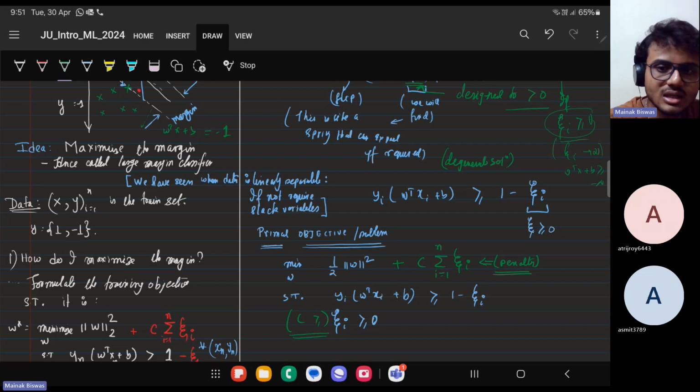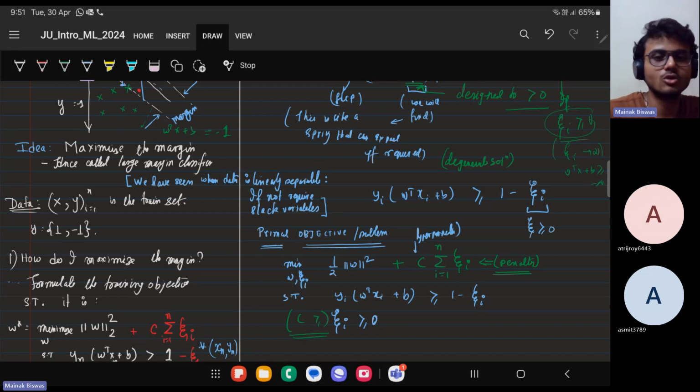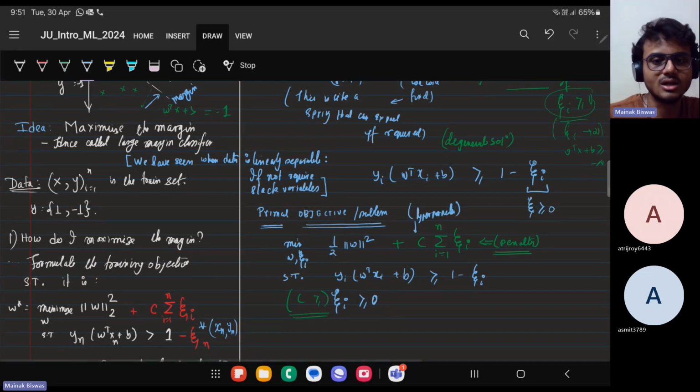We'll see that for this formulation, we do not require this. So we are trying to minimize this. So we also have to minimize xi's, right? C is a hyperparameter we have seen before, that says how much you want to penalize the model for having large xi's.